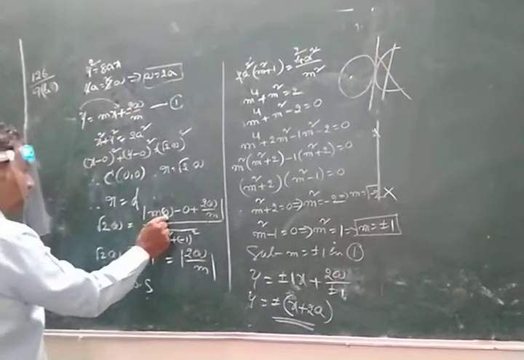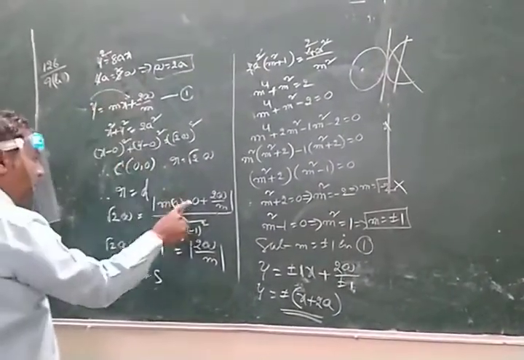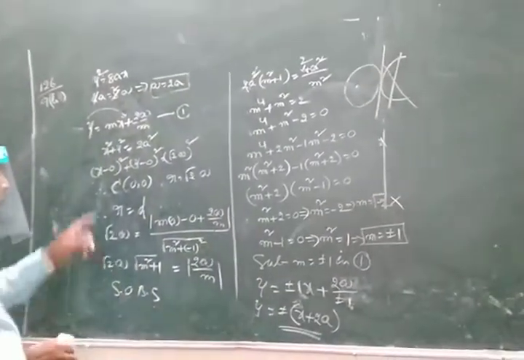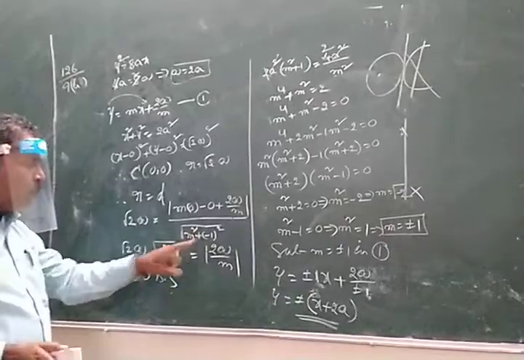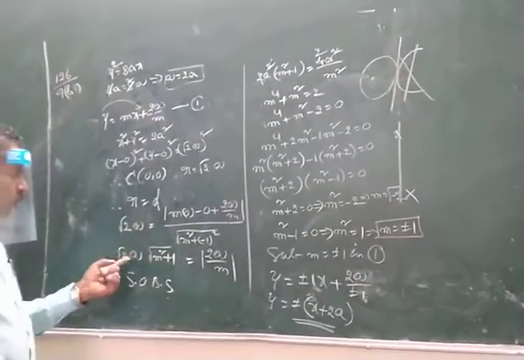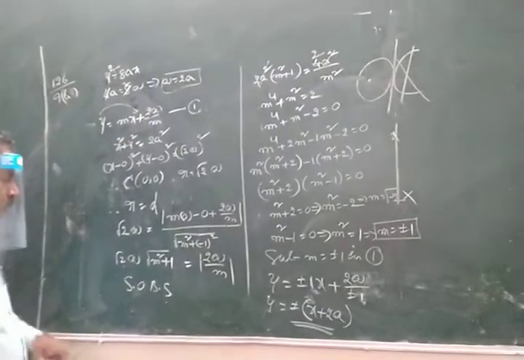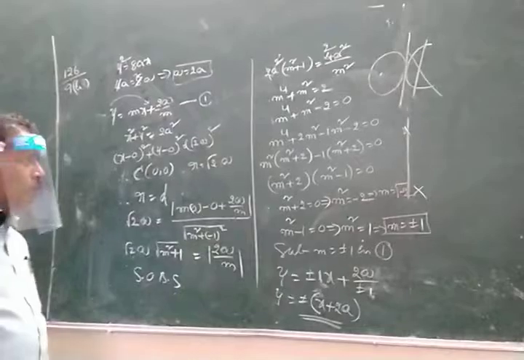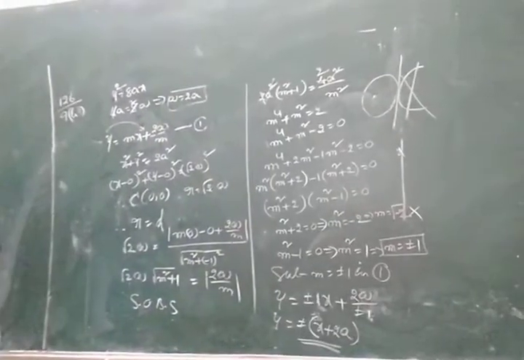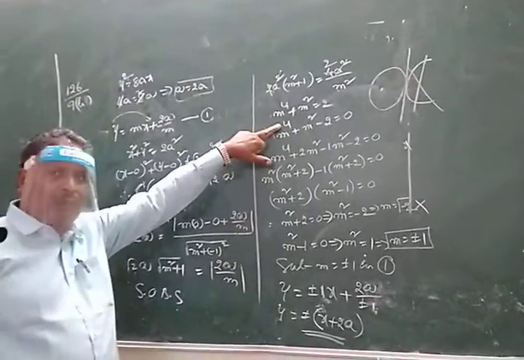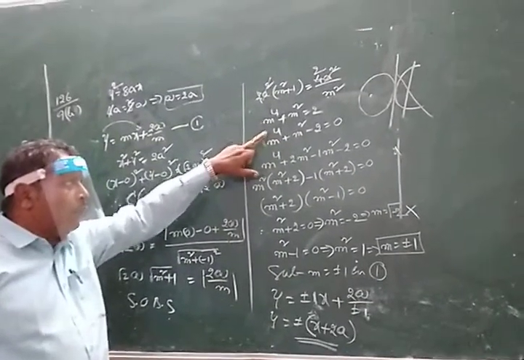Modulus of ax1 minus 0 plus 2a by m by root m square plus 1. By cross multiplication, next squaring on both sides, we get a biquadratic equation in m.